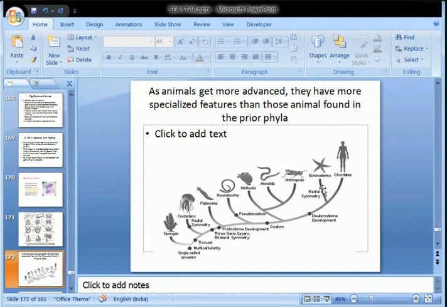Then this branch gave rise to radially symmetrical animals. So in the course of evolution, radial symmetry has evolved independently at two points. Then these, of course, are chordates, and then chordate classes, or pisces and amphibians and reptiles and so on.